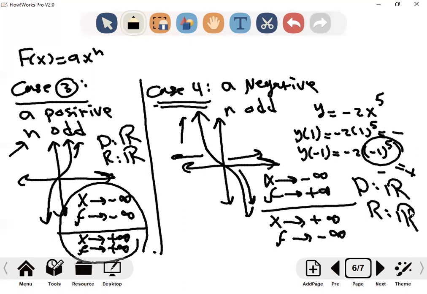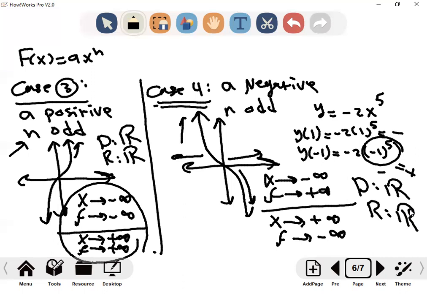If A is positive and the degree is even, what does it say below? The domain is all real numbers, the range is all real numbers more than or equal to 0. Below it, not beside it. Okay? If the degree is even and the leading coefficient negative, see it? What does it say below? The domain is all real numbers, the range is all real numbers less than or equal to 0. Got it?